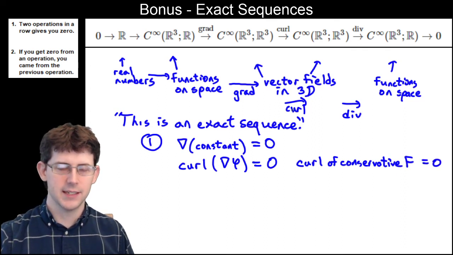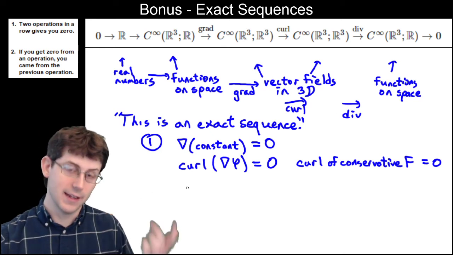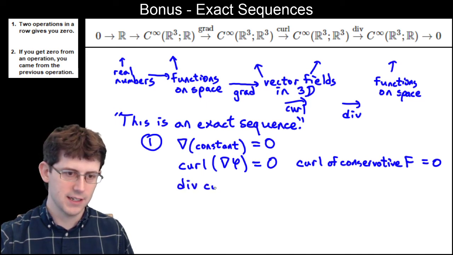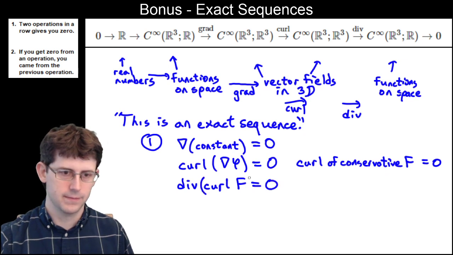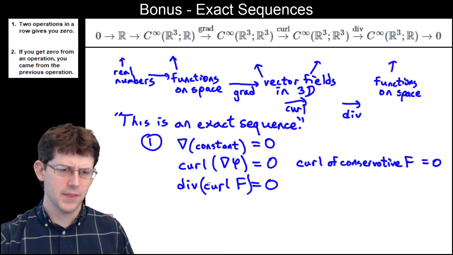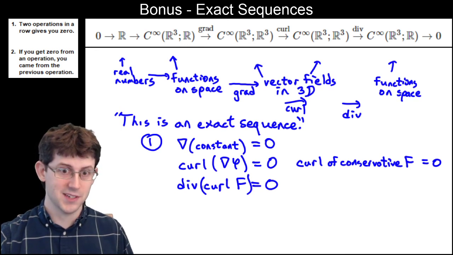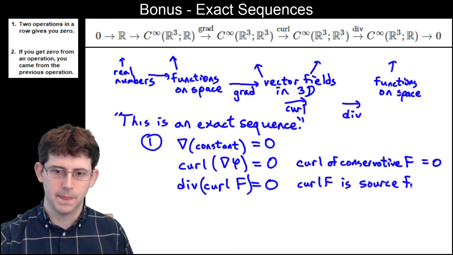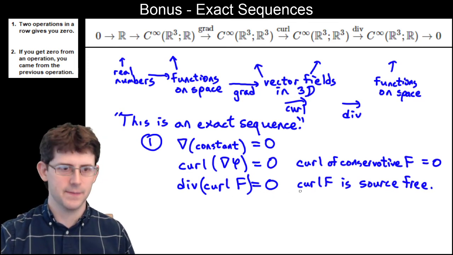The next 2 says, if you take the curl of a vector field and then its divergence, you get 0. And that was a fact that we said in this class also. It's that div curl f is 0. The other way we wrote it was that curl f is source free. I think we do this in section 17.5.